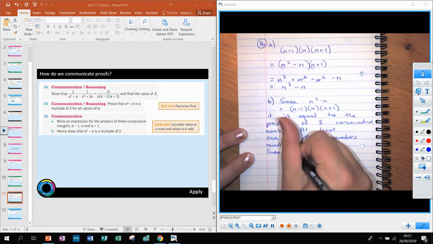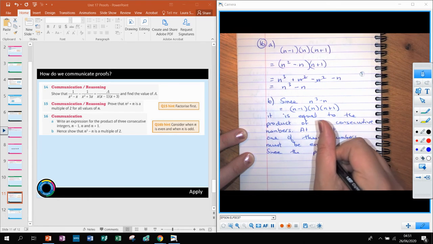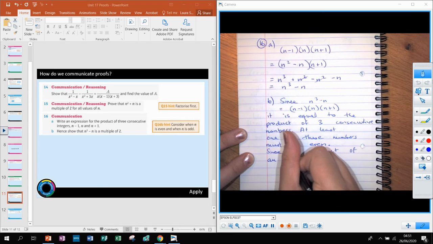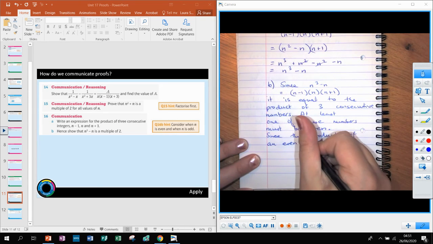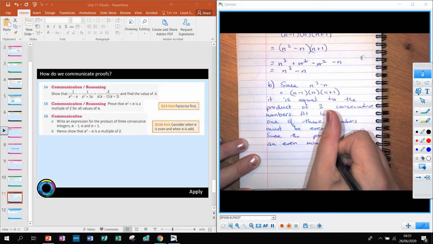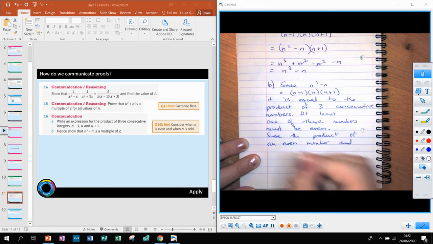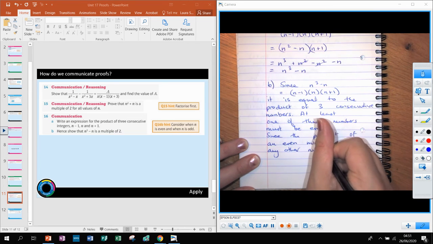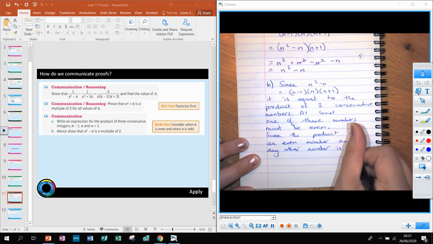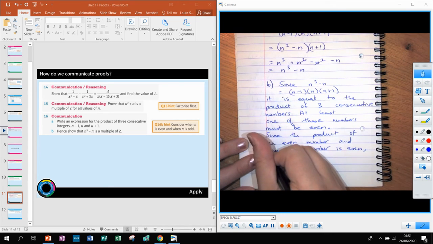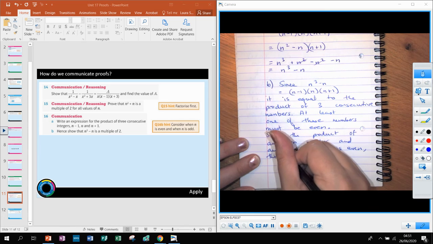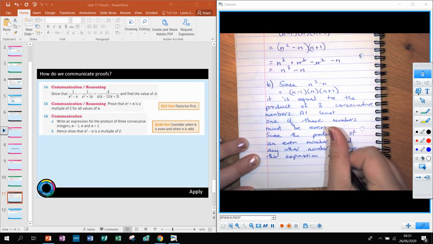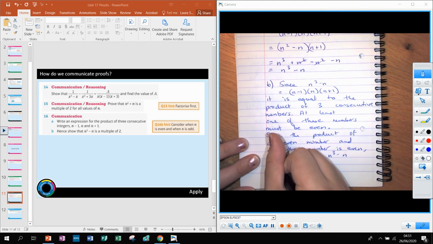So since the product of an even number and any other number is even, the expression n cubed minus n must also be even.